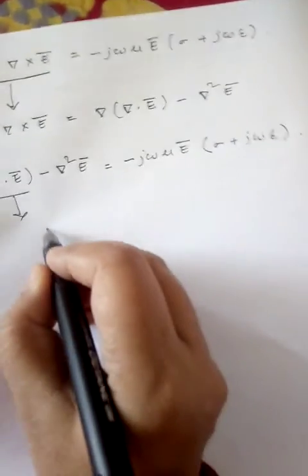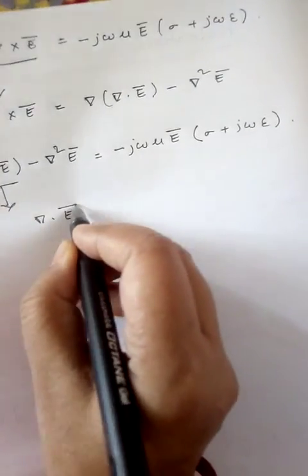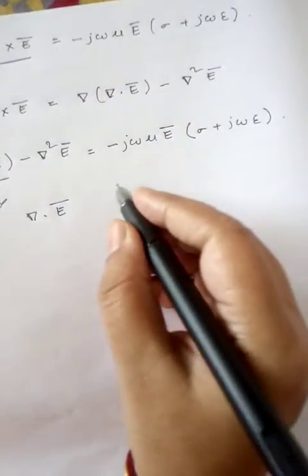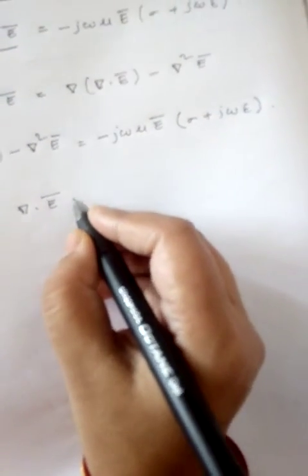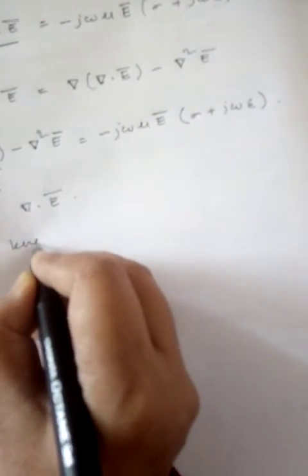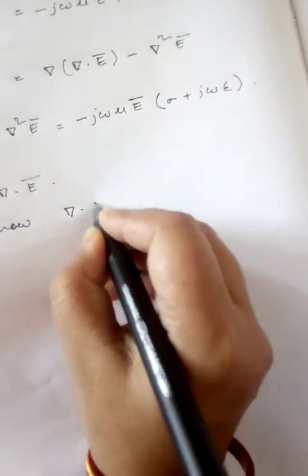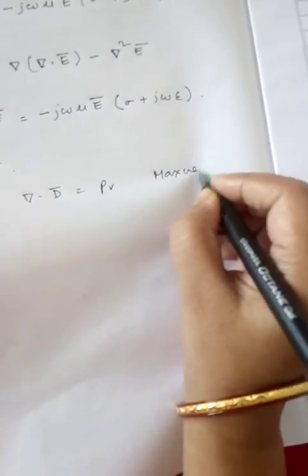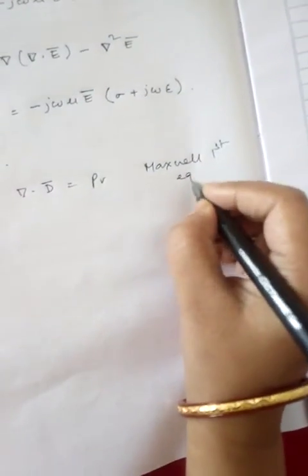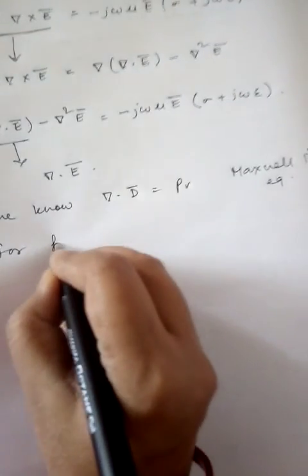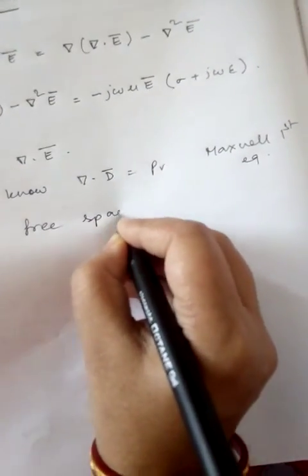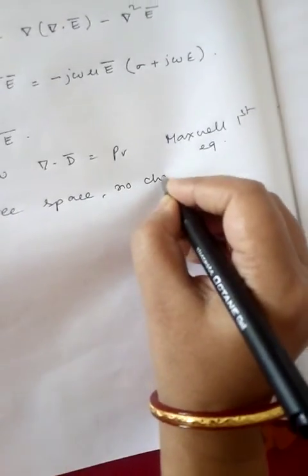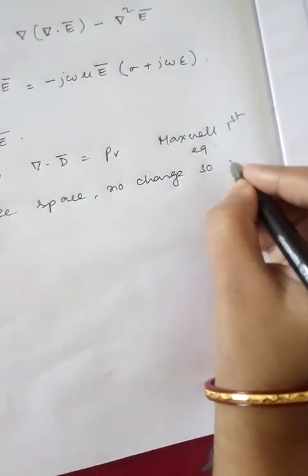Now here, del dot E, we know that del dot D is equal to rho v. This is our Maxwell first equation. For free space, there is no charge, so charge density rho v is equal to 0.